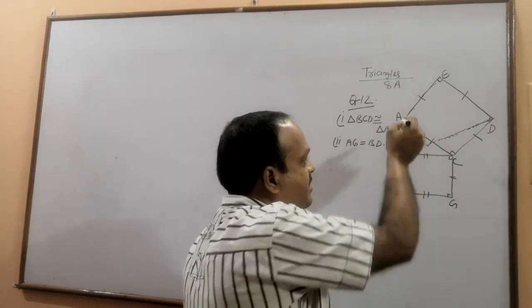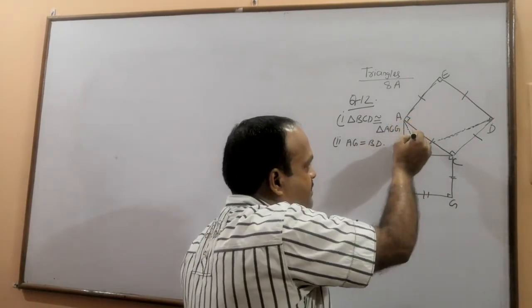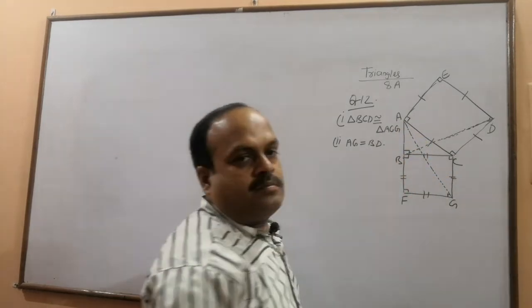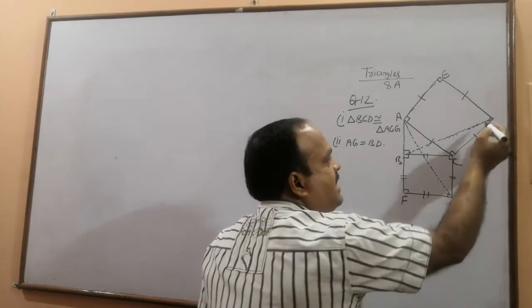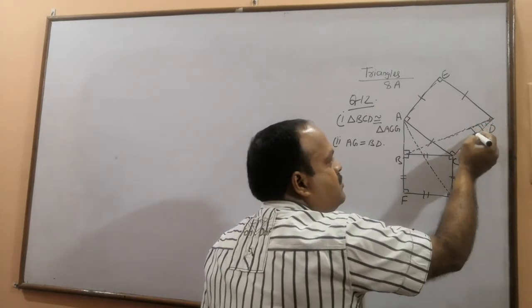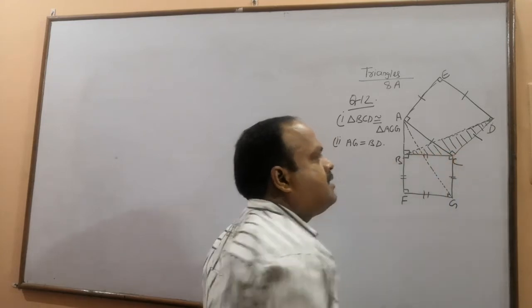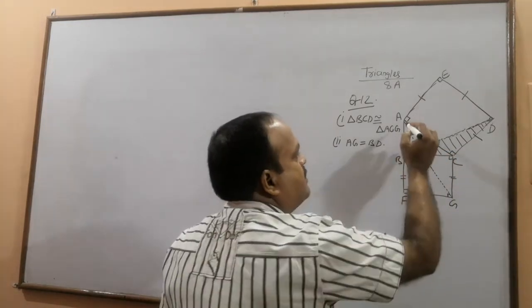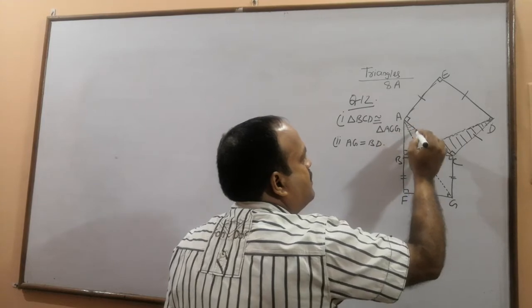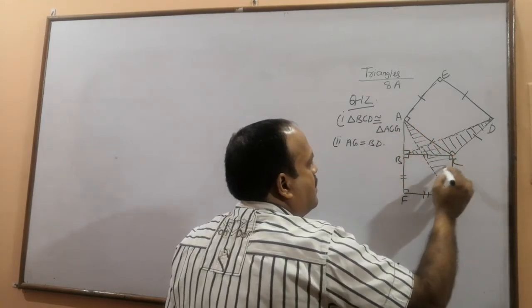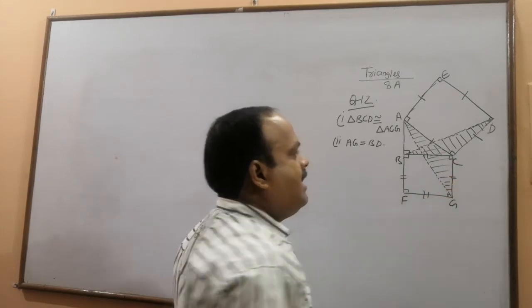ACG, we need to join A with G. So these two triangles we are going to prove congruent. This one and this one.